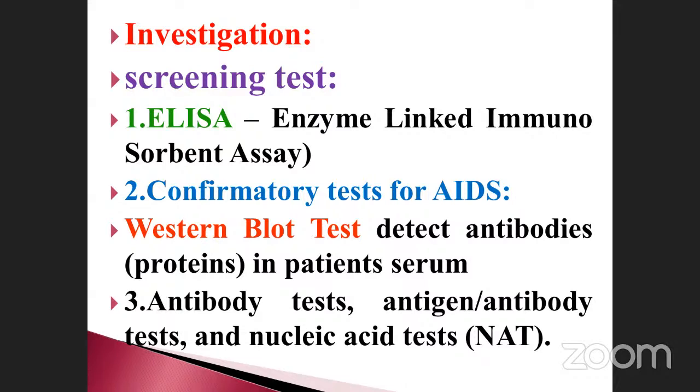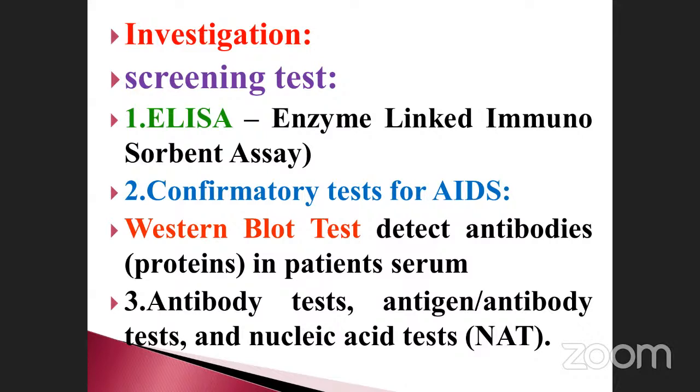Then the third one is the antibody test, antigen antibody test, and another one is the NAT test. These are the tests, but here these two are very, very important. Not only that, in this category the direct test is also there, indirect test is also there, one step test and two step test also.